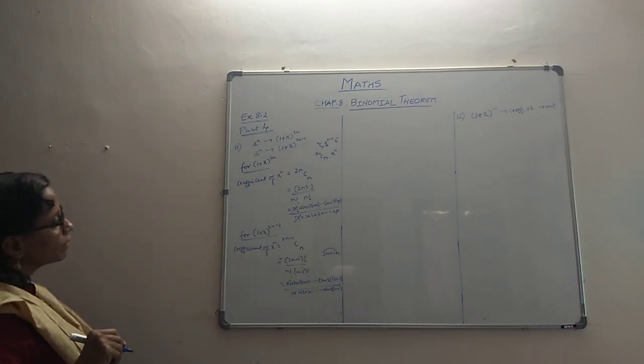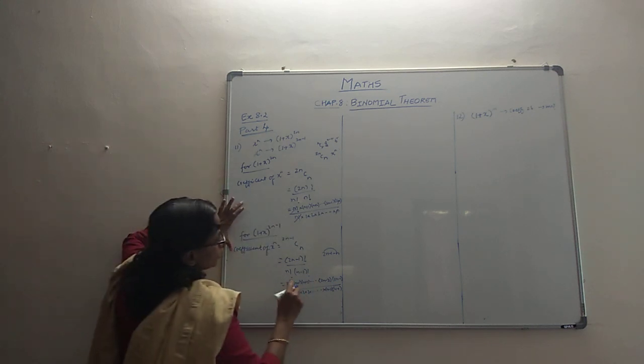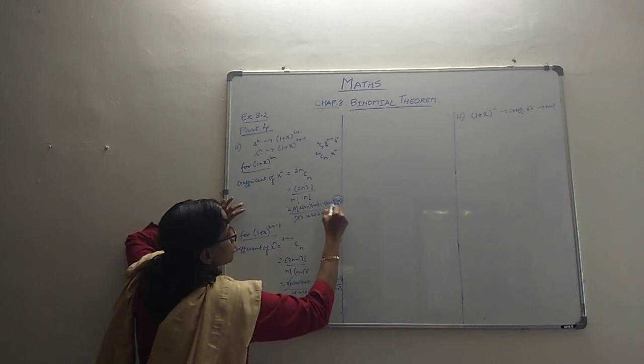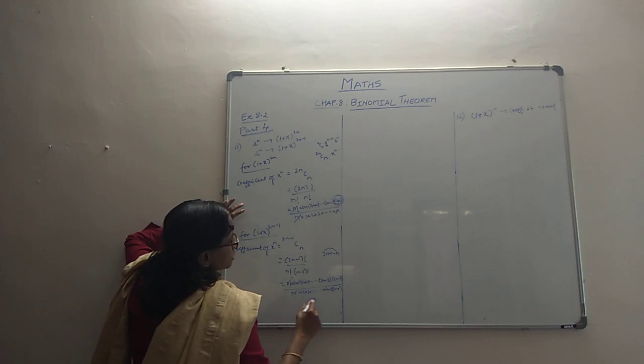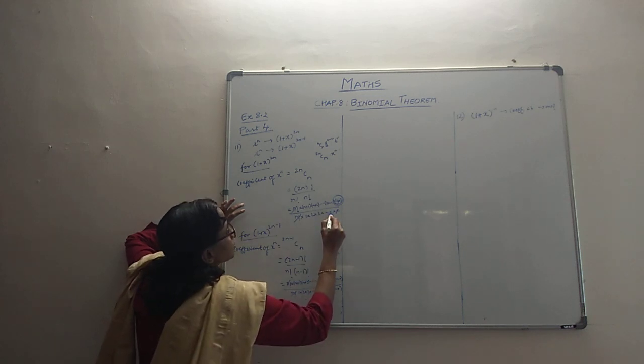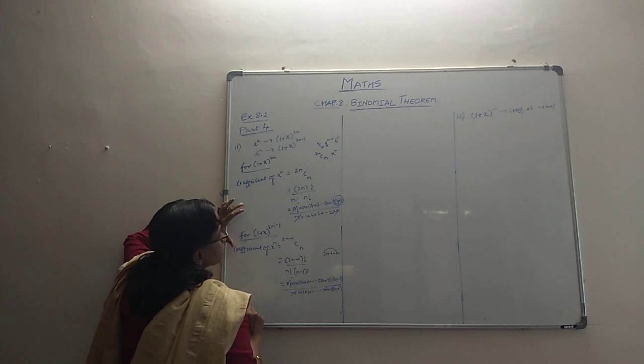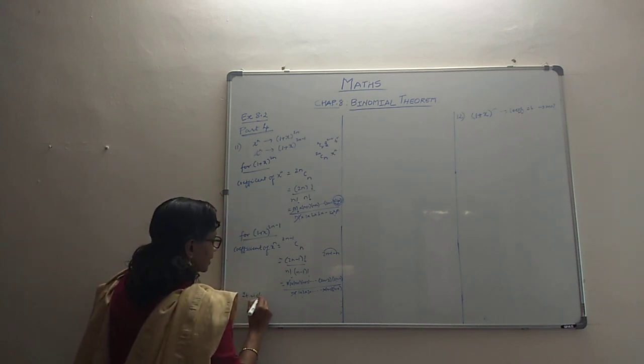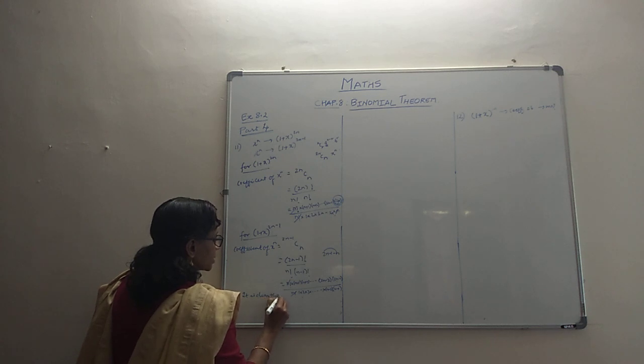When we compare these two, look at the numerator. Till here it's okay, but this 2 is extra. And the denominator is perfectly the same. So it's clear that only that 2 is extra.